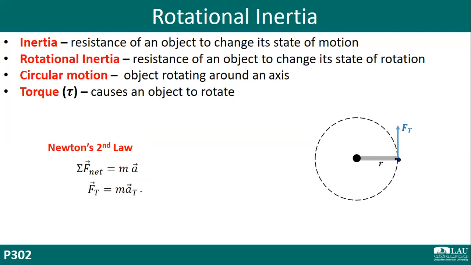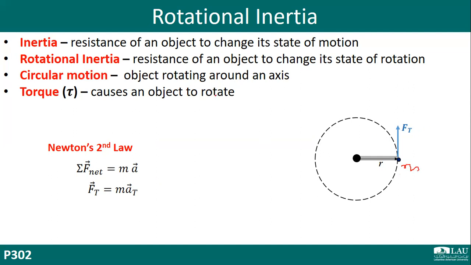Let's consider again a mass m attached to a rod. Here the rod in gray is a massless rod, so we are not taking into consideration the mass of this rod. It's only the mass of this body m.